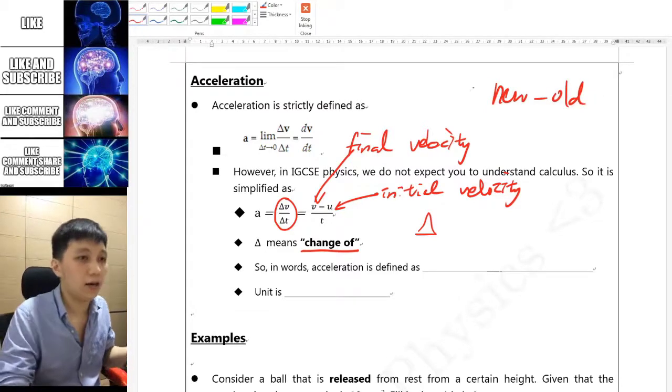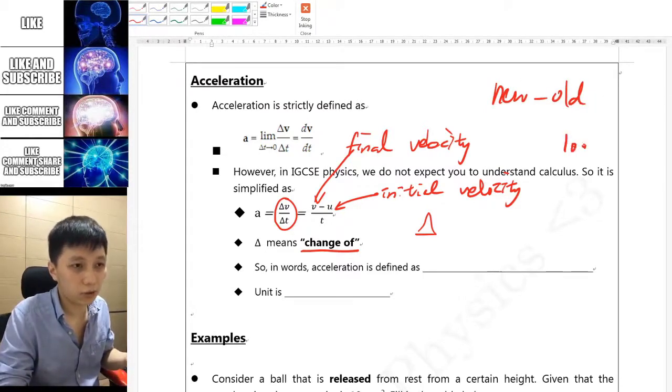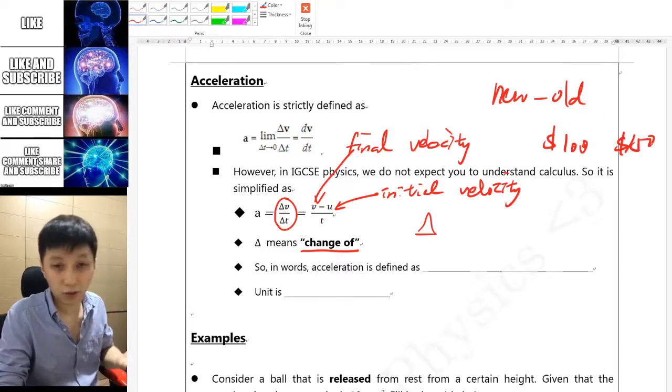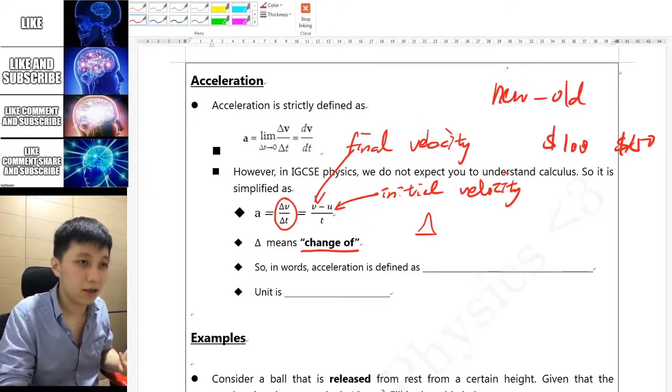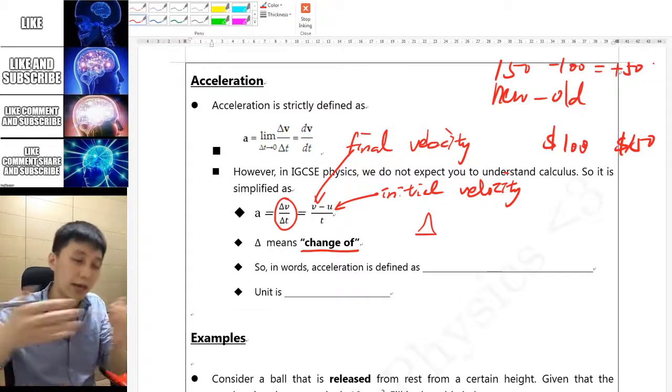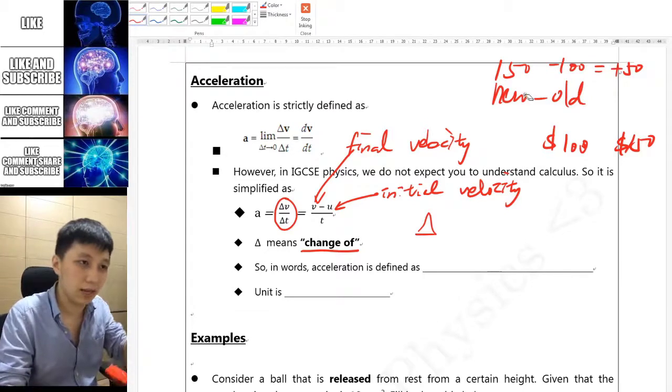Like today you have got $100, tomorrow you got $150, right? So how much change is there in your pocket? That means it is the new one minus the old one. That means you have positive $50 entering your pocket.